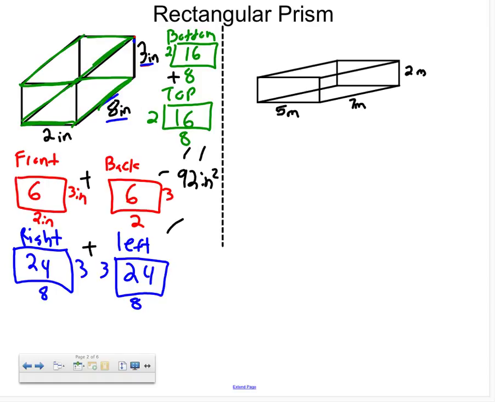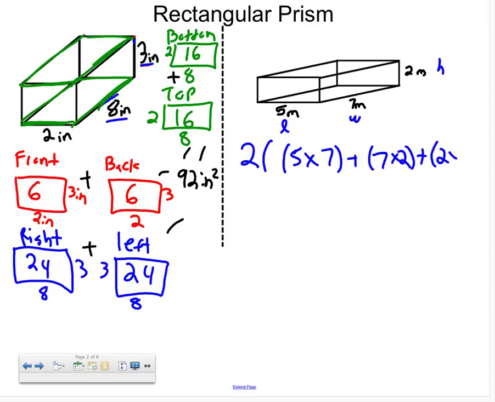So if I label this next one, this 5 length, this 7 width, and this 2 height, and it doesn't matter which one you call L, W, or H. So the labeling here isn't important. But what I can do here is, instead of doing each one twice, I can just say 2 times the length and the width plus the width and the height plus the height and the length.